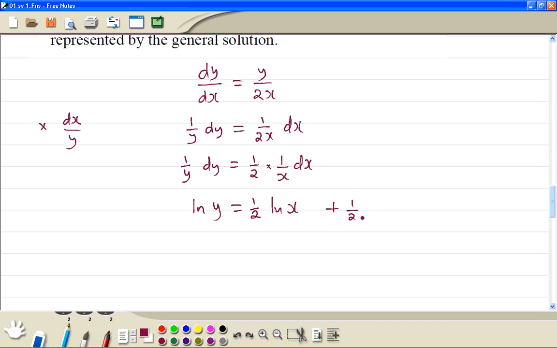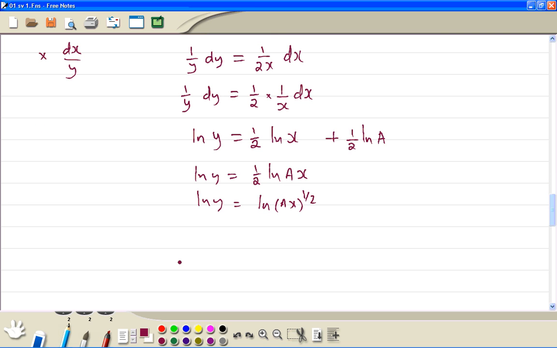So we can write half ln a. Then by laws of logarithm, we can put them together as ln ax raised to the power half.